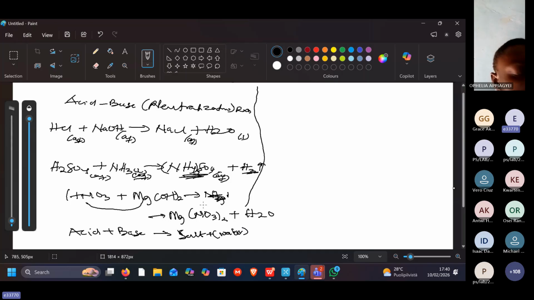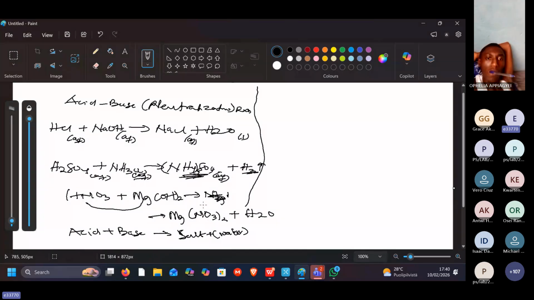Now the word salt is basically just a compound that contains a cation and an anion. So they have the cation part and then the anion part, of course. That means that it should be an ionic compound. For example, the common salt that we have, sodium chloride, has a cation and an anion part.